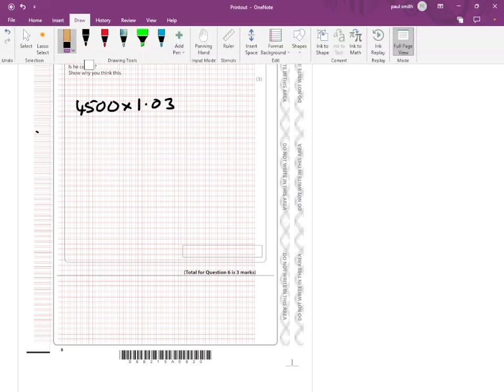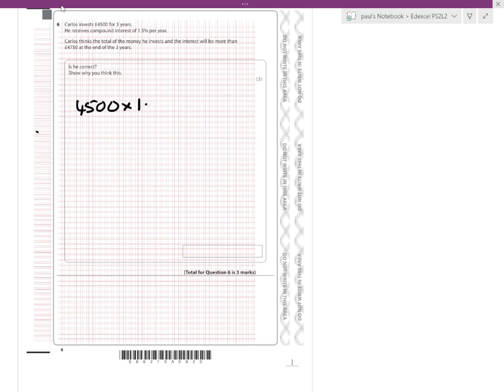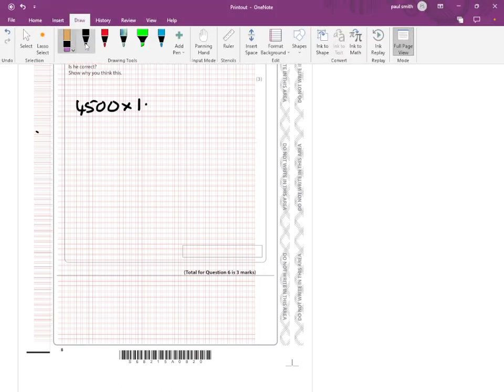So Carlos has invested 4,500 for 3 years and received 1.8 at the end of the 3 years. So right, 4,500 times 1 for the original, 03. Oh no, 1.5%, not 3. 3 years, isn't it?